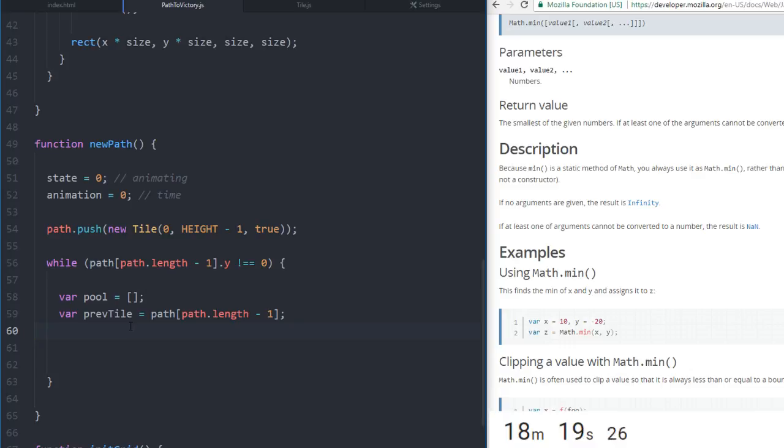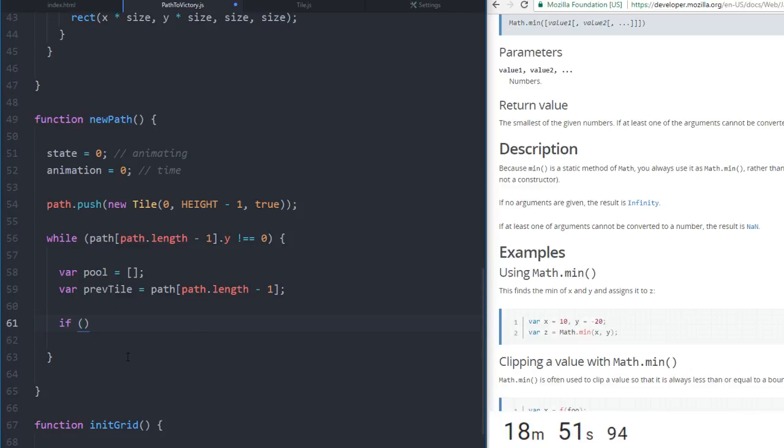Now what I want is to say, we have our previous tile, we have our pool. We need to check for all of the open places. So we need to say if pool dot contains, can we say contains?